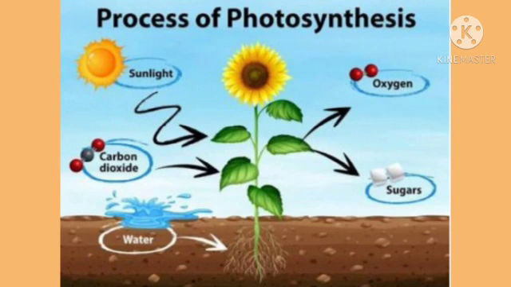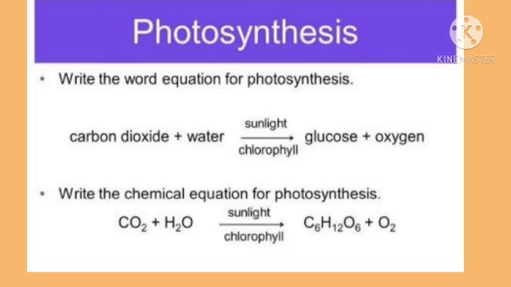So the simple equation for photosynthesis is carbon dioxide from air plus water from soil, in the presence of sunlight and chlorophyll, the green pigment present in the green parts of the plant like leaves, young stems, buds, form glucose, which is stored in the plant as starch, and a gas, oxygen, is released into the atmosphere.